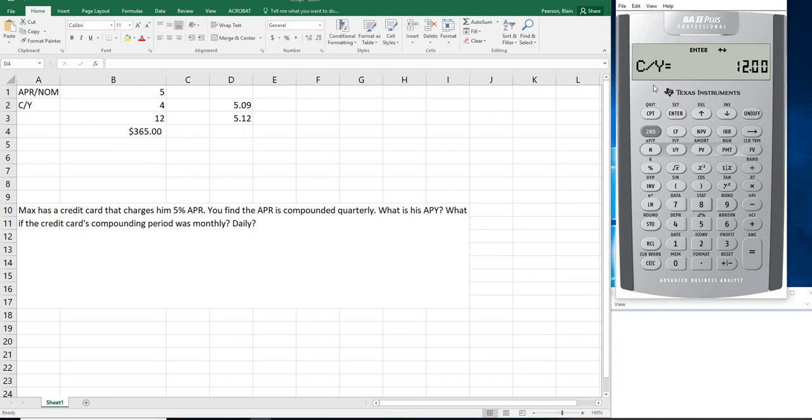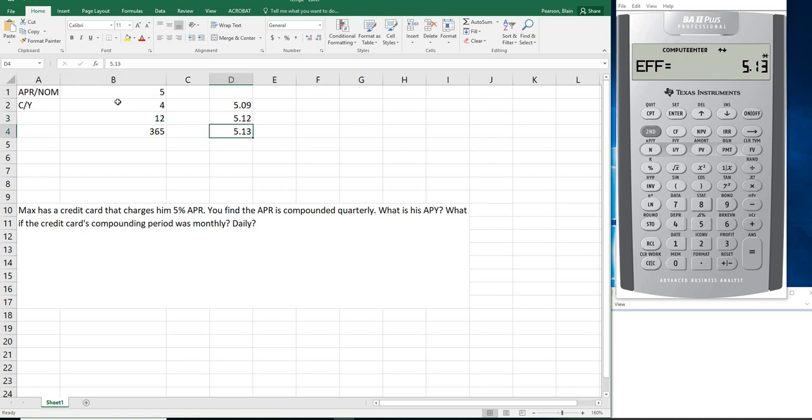So we'll scroll down to the C/Y, 365, enter, scroll back up, compute, and it's 5.13. So, if it's compounded quarterly, the APY is 5.09. If it is compounded monthly, 5.12, and daily, 5.13.